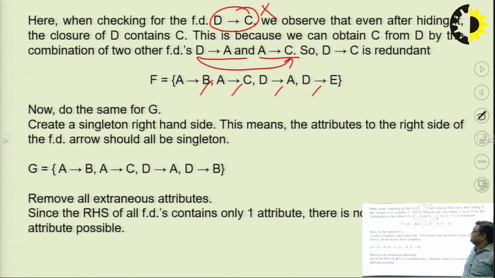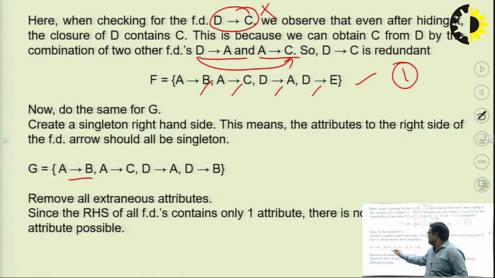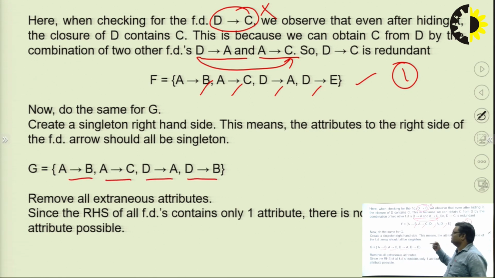Now we can do the same for G. This is the set we get for the one set of functional dependencies that we showed before. Now I have to do the same for the G set. Create singleton right hand sides: A to B, A to C, D to A, D to B. Remove all extraneous attributes.